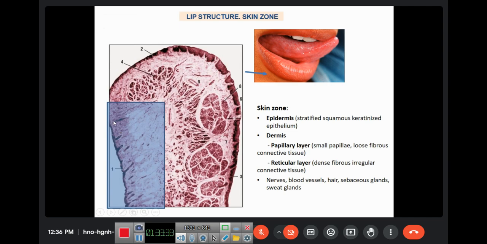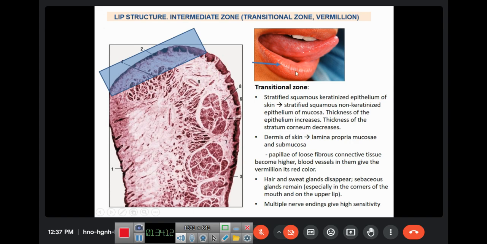Dermis contains papillary layer of loose fibrous connective tissue, which makes very small papillae. Reticular layer contains dense fibrous irregular connective tissue with a lot of nerves, blood vessels, also hair, which you can see here, sebaceous glands, which are associated with hair, and also sweat glands, and some amount of adipose tissue. The dermis of the skin zone is connected to the muscles of the lip.